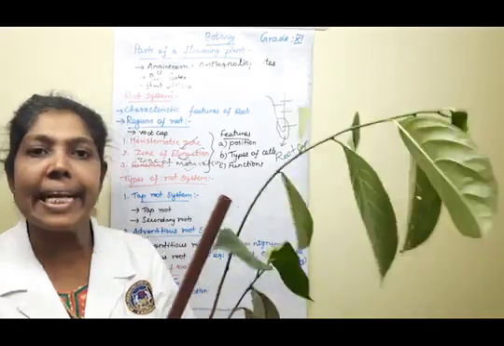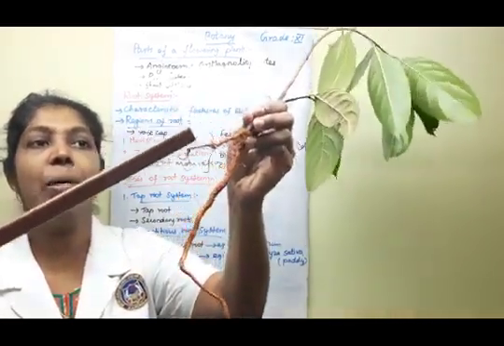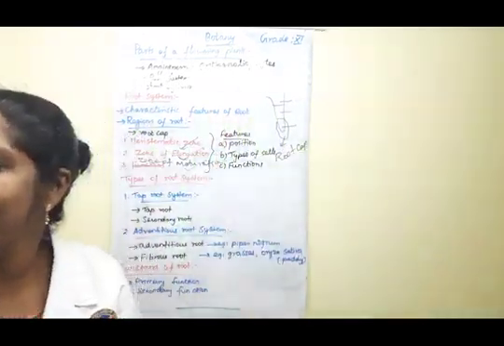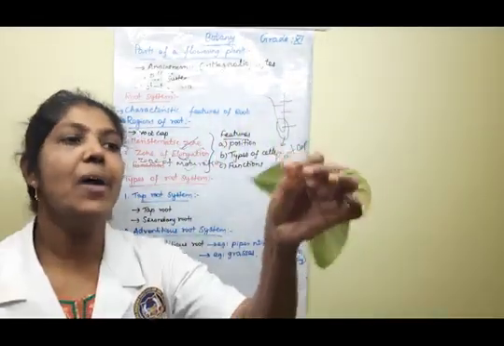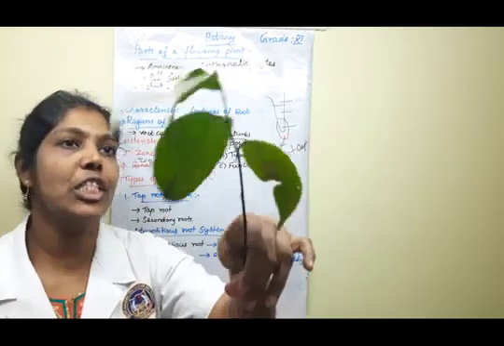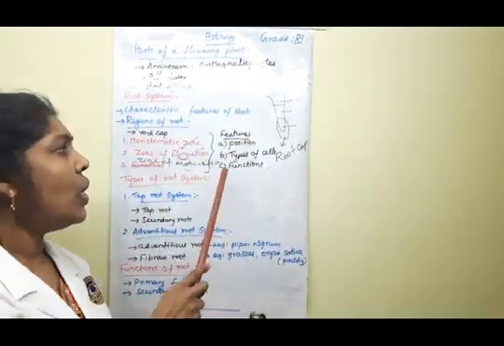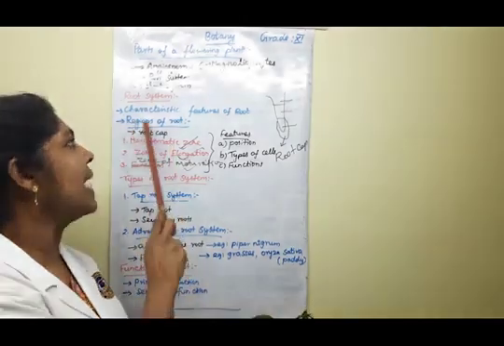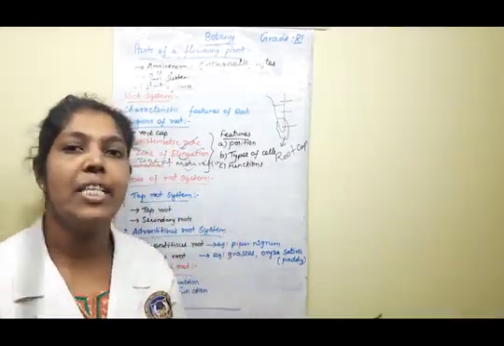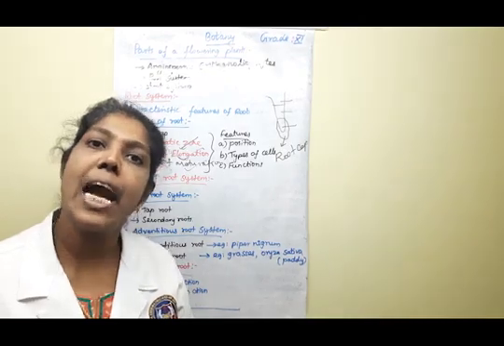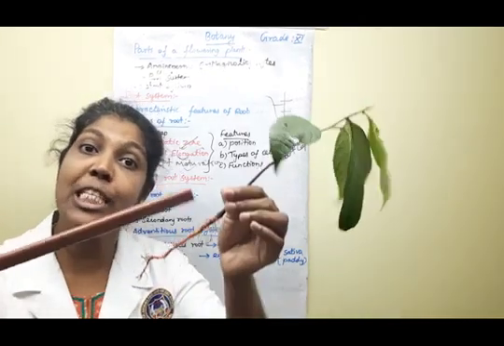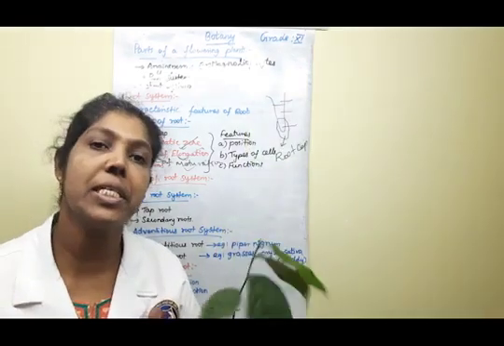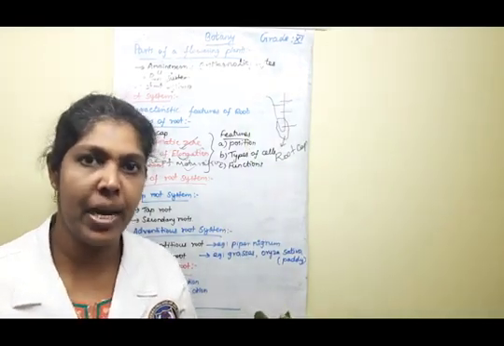These three regions of the root have certain characteristic features. So all of you listen. The characteristic features of these regions are position based, the type of cell present in that region, and the function it has.